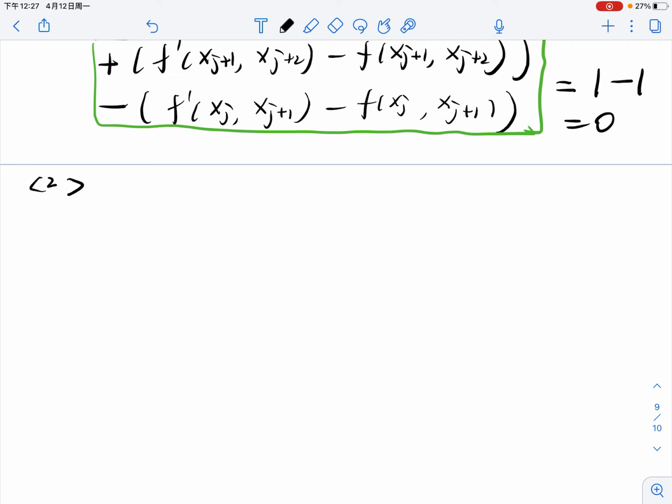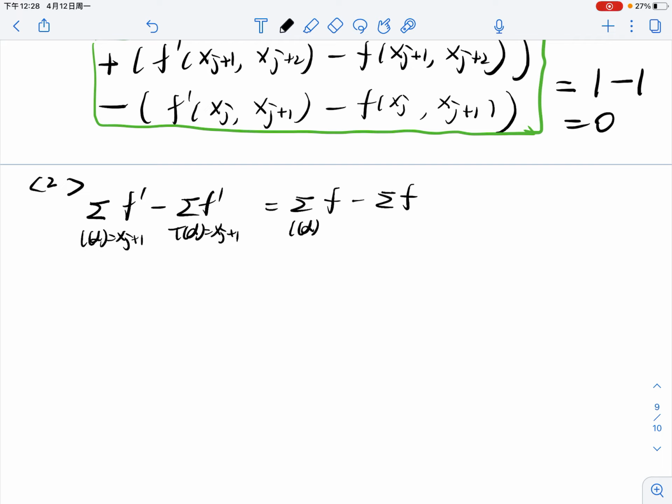And then for 2, everything is similar, except when we do the correction, we have different signs because we have different modification.